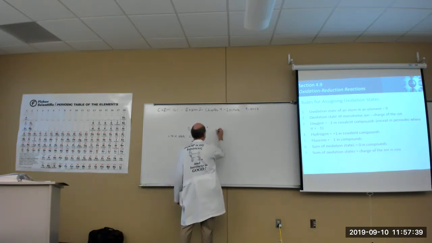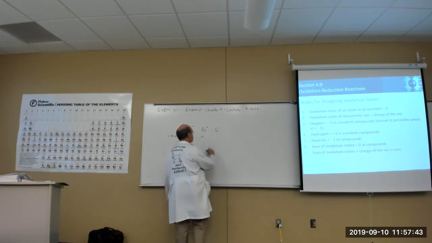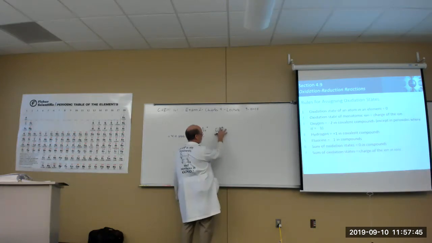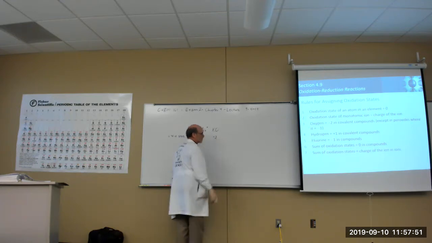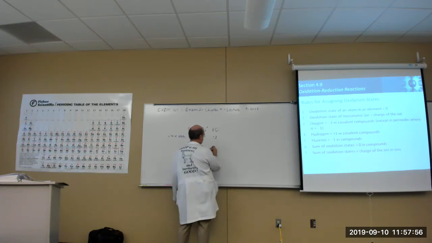Oxygen is given an oxidation state in a compound. If it's combined with something in the compound, it's a -2. The only exception to that is peroxide.